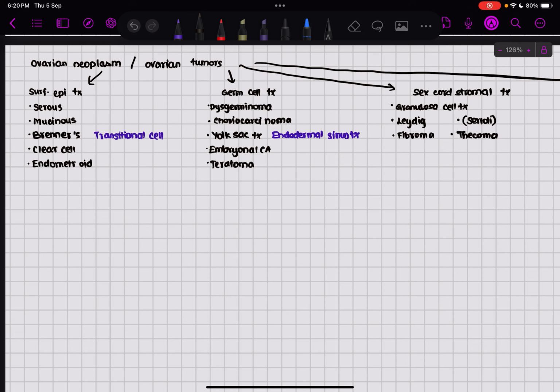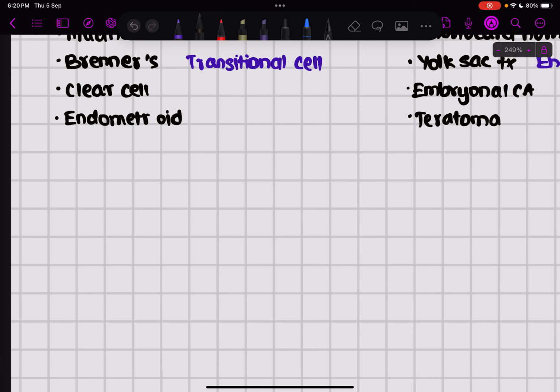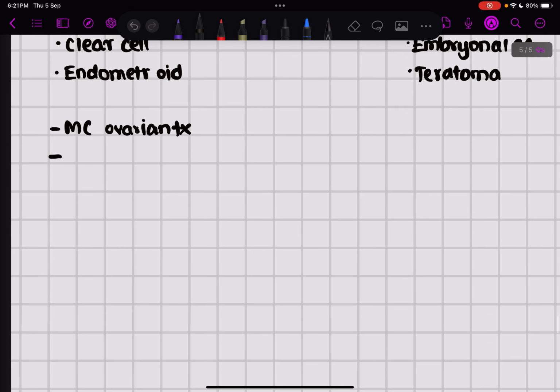Now let us dive into the surface epithelial tumors, which include the 5, and let us see their common features. They are the most common cause of ovarian tumors, and they involve the surface. That is why they are called surface epithelial tumors, and every one of them is CA125 positive.